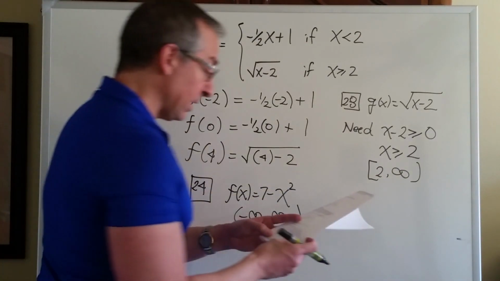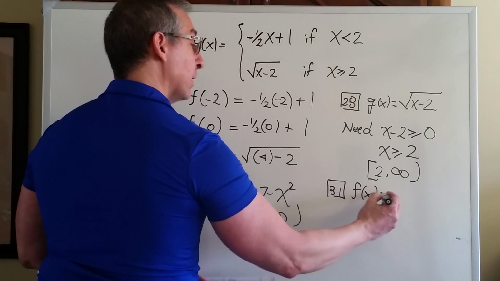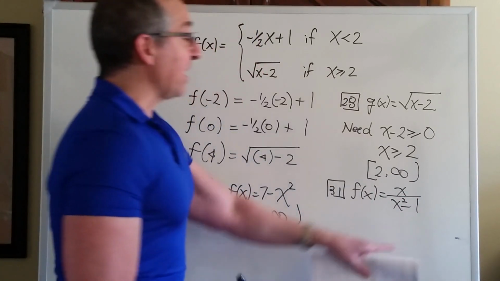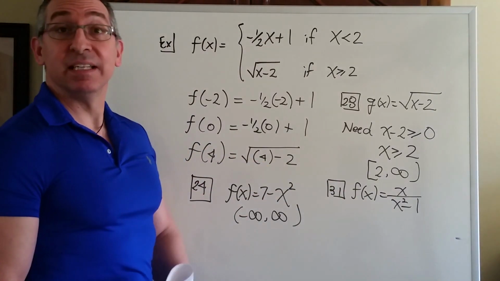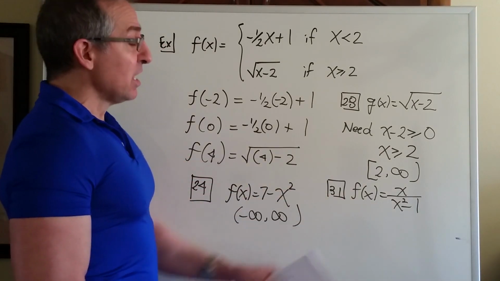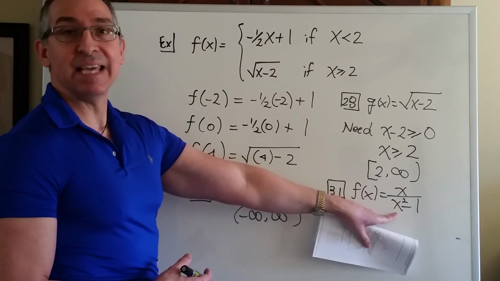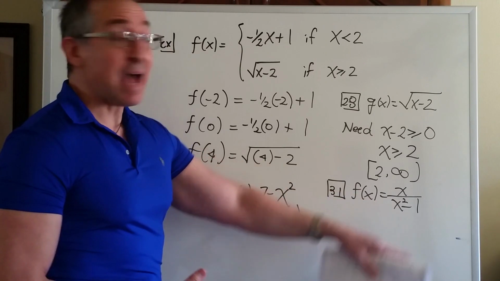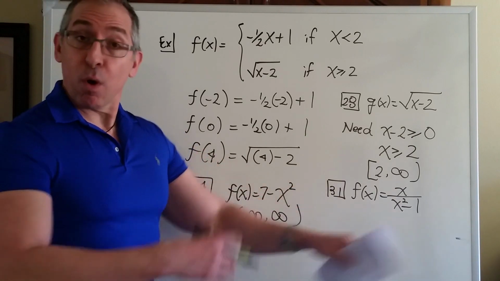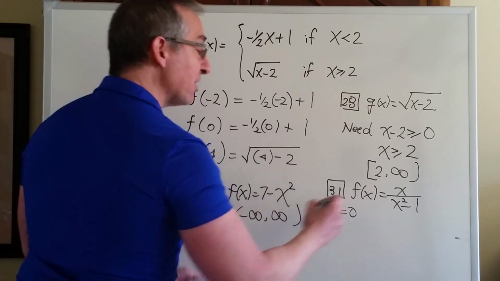Number 31. Here again, you've got to be careful because you've got a fraction. And remember, from our experiences, we know that we're not allowed to have 0 in the denominator. So what values of x are going to cause this denominator to equal 0? In other words, what number can you force into the x, square it, and get a 1 back, because then you'll have 1 minus 1. Now, if it's not obvious what that is, go off to the side, to the scratch paper, and actually set your denominator equal to 0.